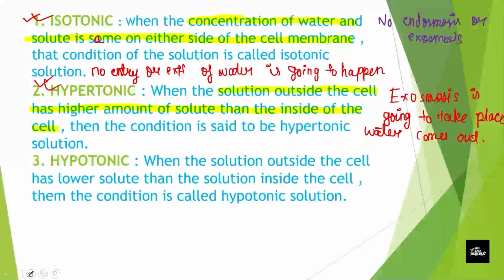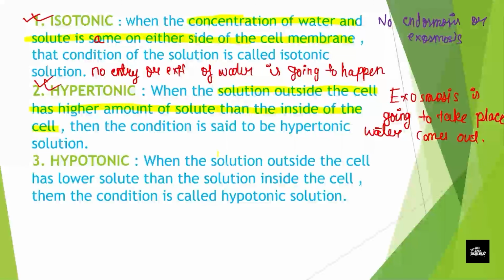Just the opposite is going to happen in the case of hypotonic solution. Let me quickly highlight that for you. When the solution outside the cell has lower solute than the solution inside the cell, then that particular condition is called hypotonic solution. Here are a few mistakes in the typing.